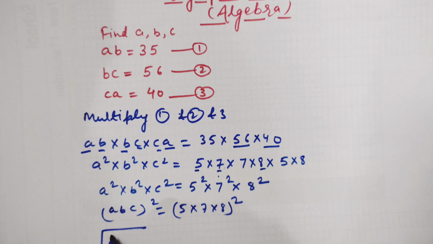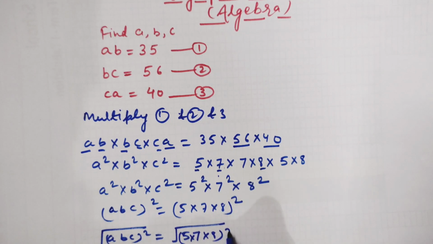So what will you get in the next step? Whenever the square root is applied on both sides, there will be two signs, plus and minus. Everybody knows this concept.